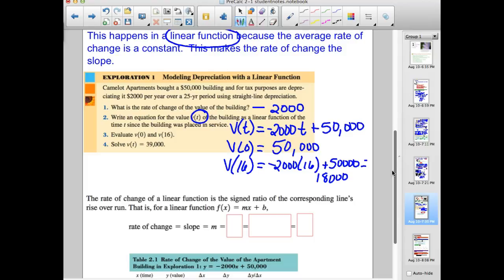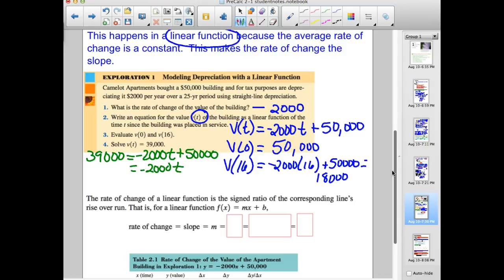The fourth question says, solve V of t equaling 39,000. In other words, after how many years would that value be down to 39,000? Okay, so we're not putting it in for t, we're putting it in for y. What's 39,000 minus 50,000?